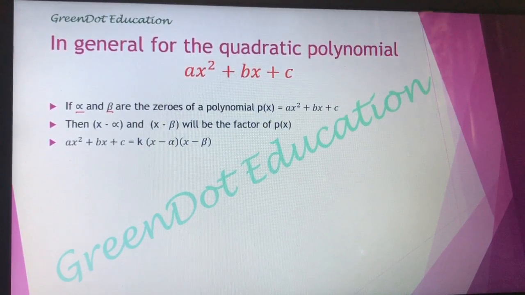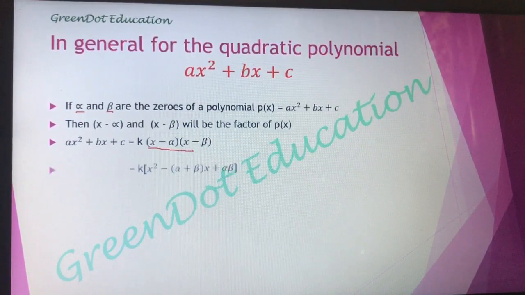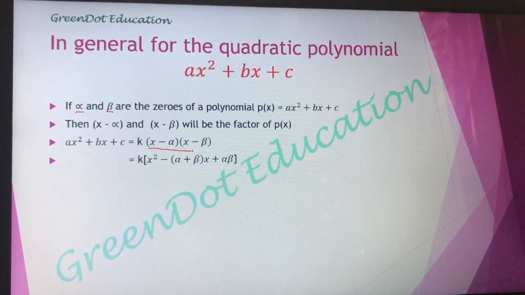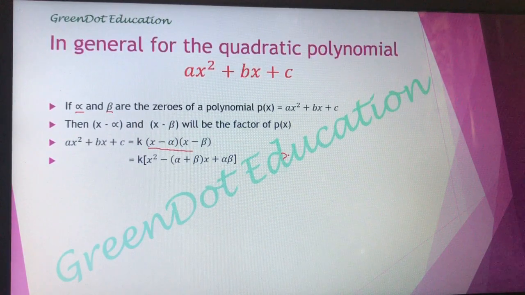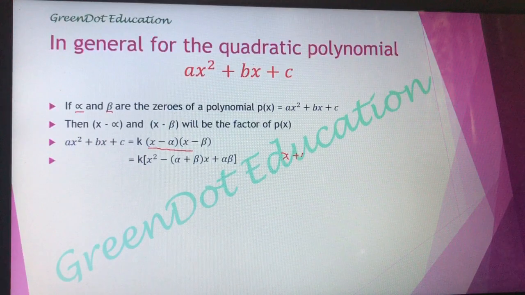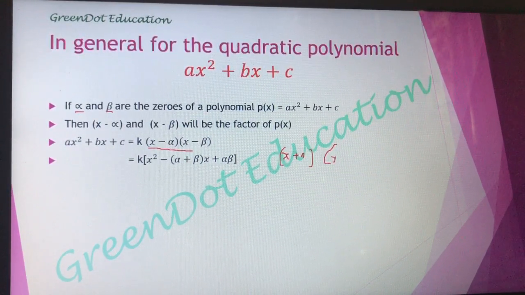Similarly, expanding these factors using that identity, we get k into bracket x squared minus alpha plus beta x plus alpha beta. Here you have to remember or recall the identity, that is x plus a multiplied by x plus b.